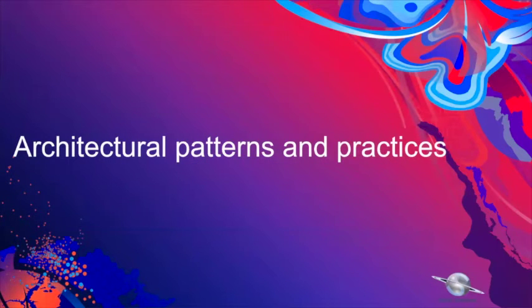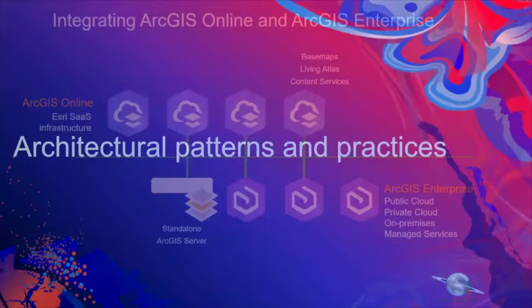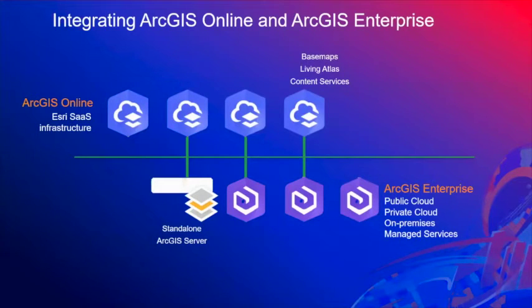So let's take a look at the high level architectural patterns for using ArcGIS Online or ArcGIS Enterprise or both. This really sums it up. It's a spectrum, it's a journey, not a destination. Even though somewhere in the middle, we've got an ArcGIS Online icon connected to ArcGIS Enterprise, and everything is perfect as they both coexist together, this is not meant to imply that you must or should go to that middle option.